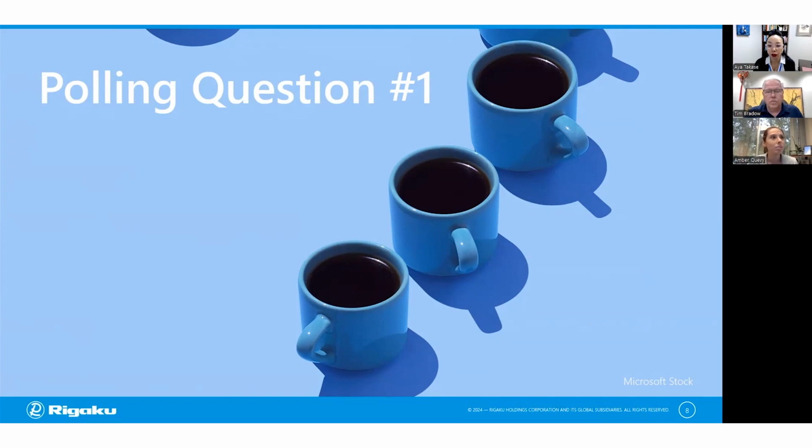I'm going to wait a couple more seconds, and I'm going to close it in 3, 2, 1. Okay, let me share the results. 78% of you in the audience said XRF. That's what you use. Next to it, both 33% ICP and XPS, 11% other, and 22% I don't analyze elements.